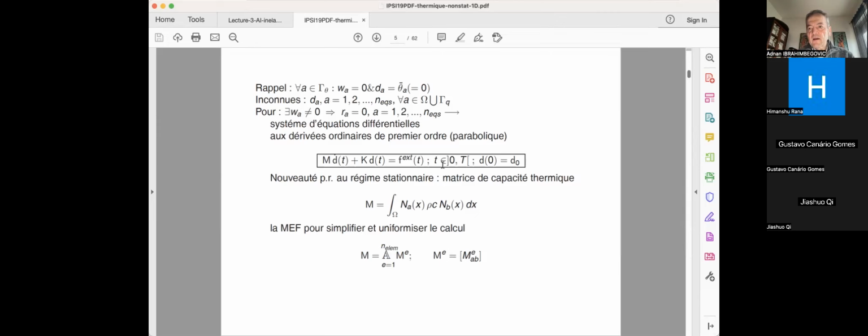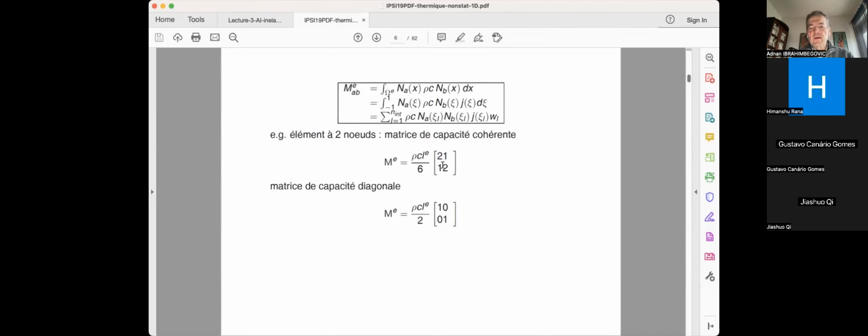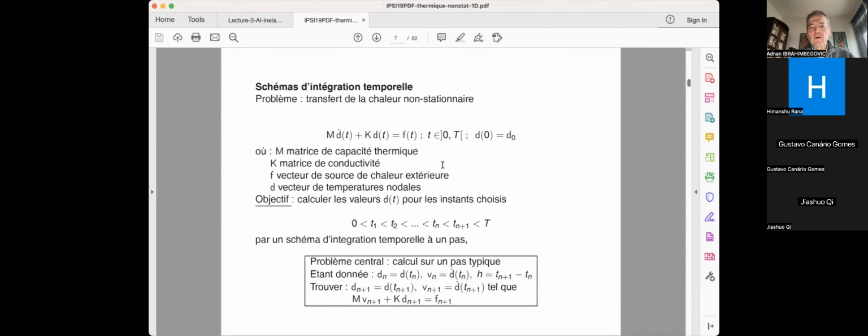So either I take an analytical solution to solve this ordinary differential equation in time, or I try to do something better, and basically I go for time integration schemes. In French, it's called schéma d'intégration temporelle.